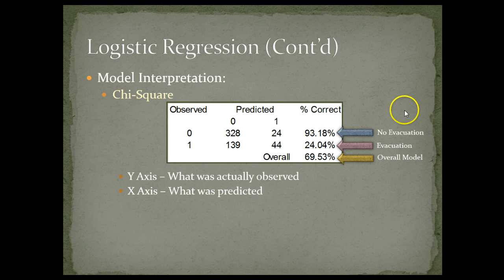Although it predicted evacuation only 24.04% of the time. The overall model has a 69.53% accuracy. That's not bad. This is just a very simplistic example of how logit regression is typically used. When we develop financial models with it, we'll be using a lot more predictors, and it'll get more complex. This is just for basic understanding.